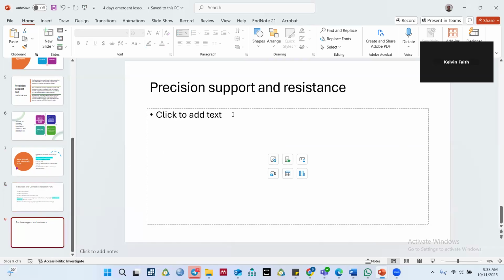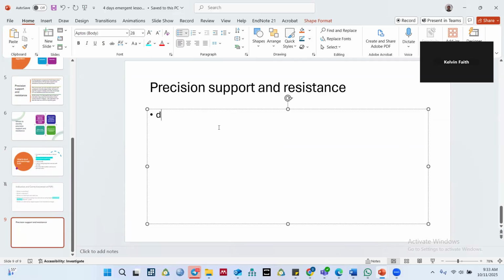What do we need in order to frame a setup using this concept that I have quickly run through? One, we need to draw our PSR, precision support resistance. Two, we need to see indication.